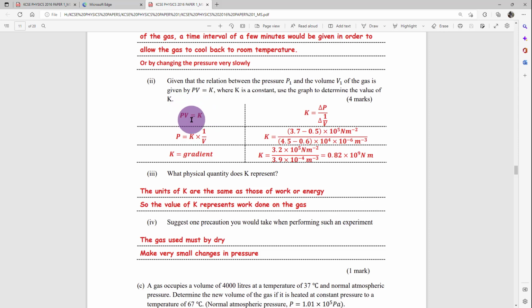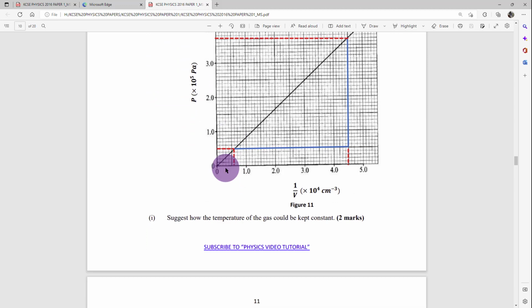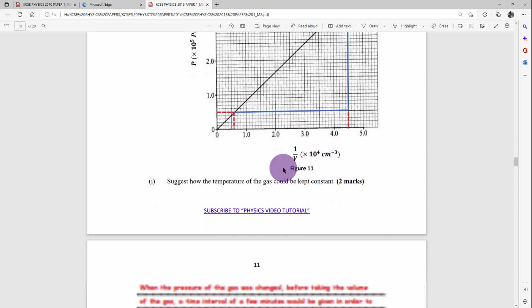When you're given a relationship, whether it is in paper 3 or in the theory papers, always try to see whether that relationship can be expressed in the form of y equals mx plus c. In this case, you can see that the graph is a straight line through the origin, so we expect a graph of y equals mx, where m is the gradient.